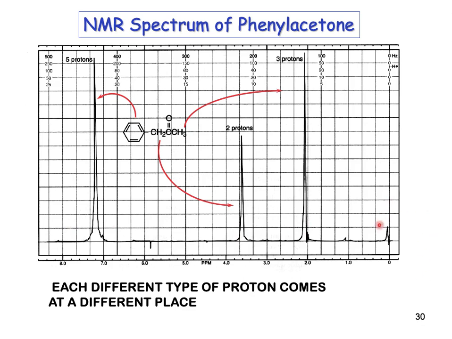Forget about the peak at 0 for now; I will let you know later why there is a peak at 0. So there are three different types of protons in phenyl acetone. Each different type of proton comes at a different place, meaning that the methyl, the CH2, and the phenyl are placed at different positions in the NMR spectrum. Later you will know why these protons have different frequencies.